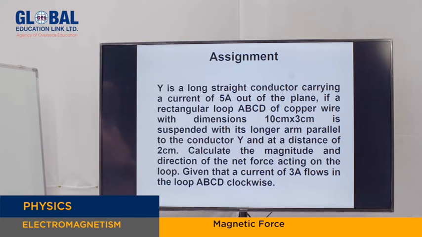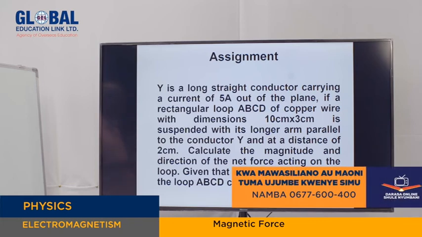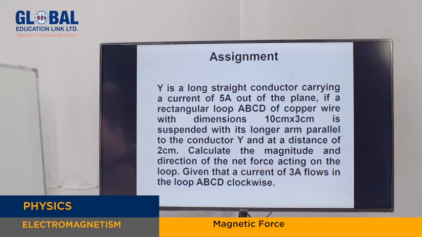Now, that loop is suspended with its long arm parallel to the conductor. Think about that. You should know how to draw these two scenarios. The first wire is a straight conductor carrying current out of the plane, and then we have another conductor which forms a loop, ABCD, a rectangular loop.